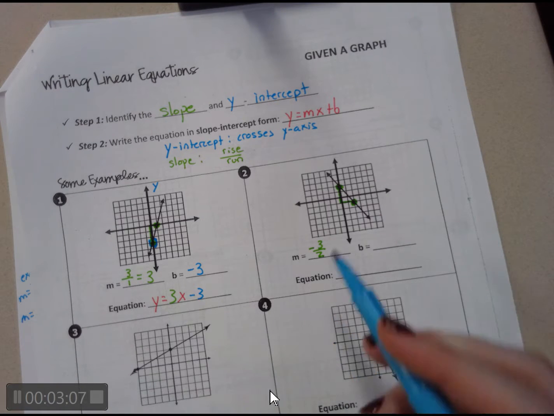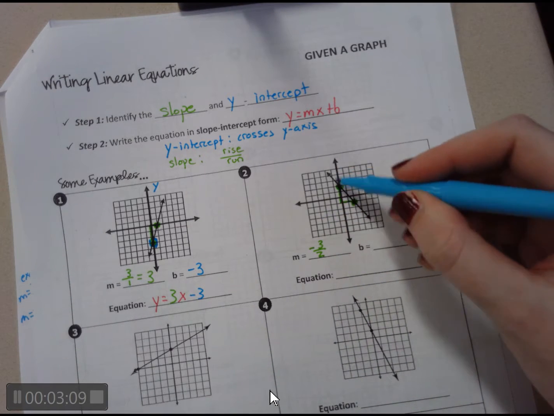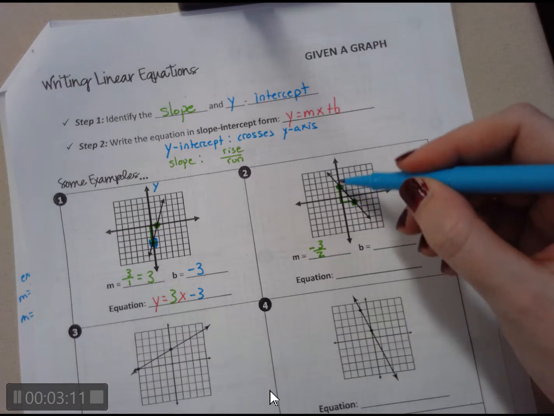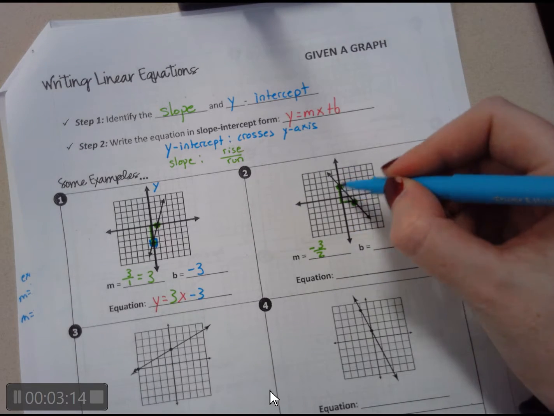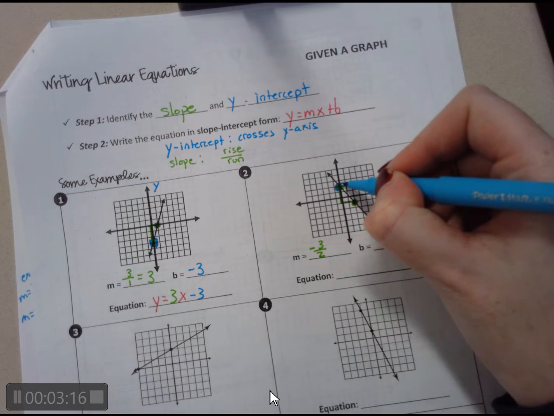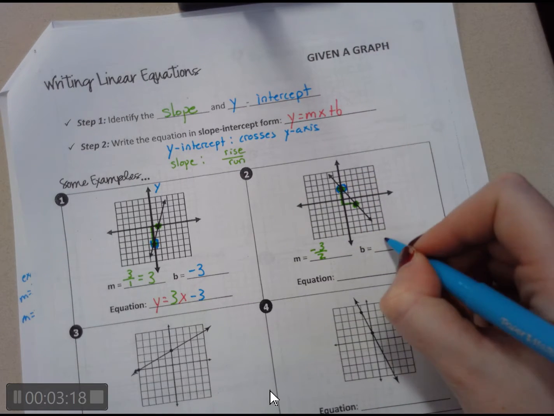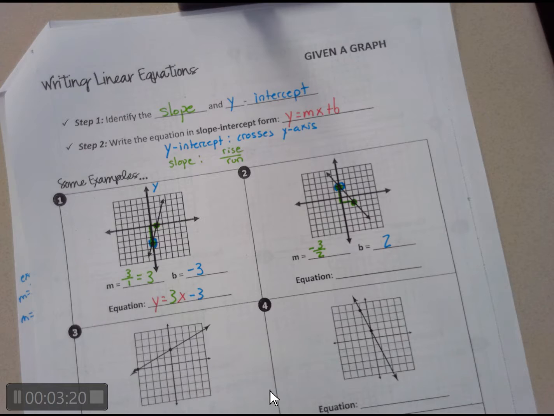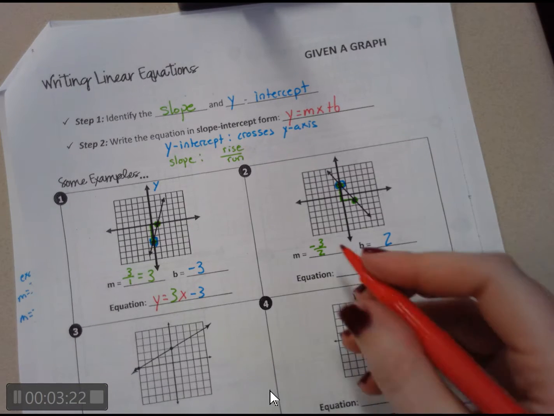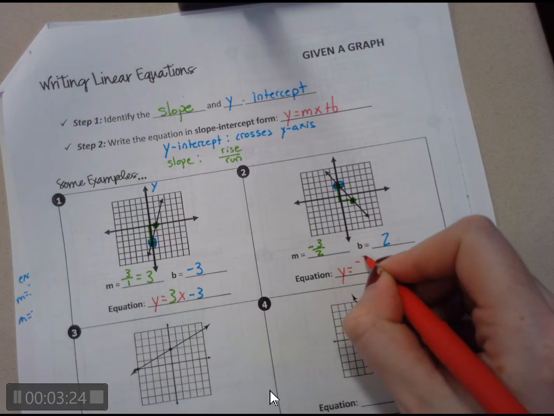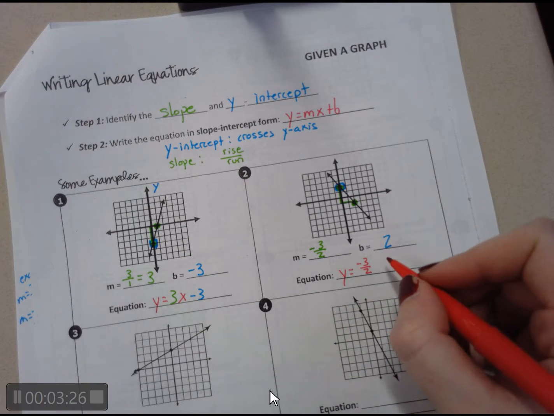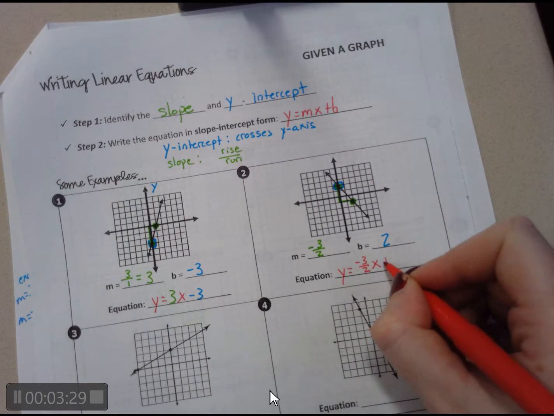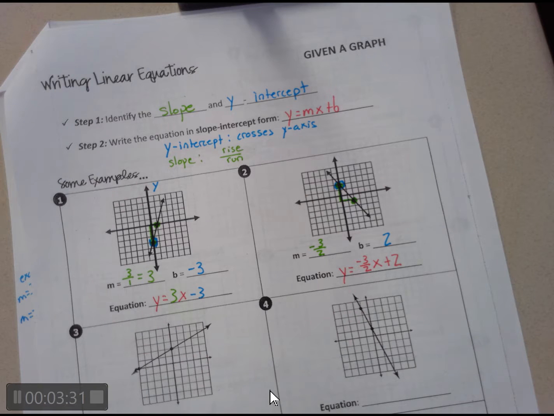And then our y-intercept, where it crosses this line. So where does it cross this line? Good. Hopefully you said +2. So then our equation will be y equals -3 over 2 x plus 2.